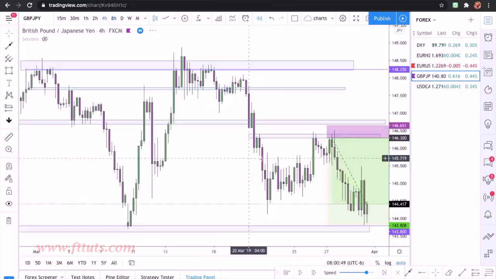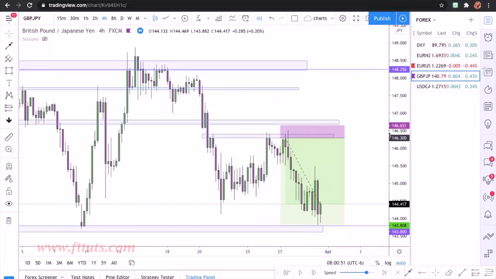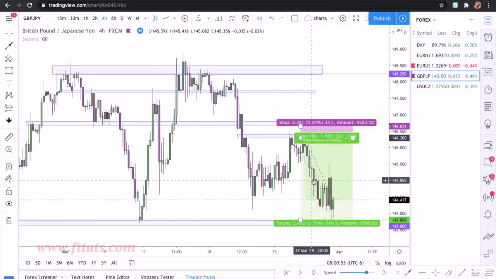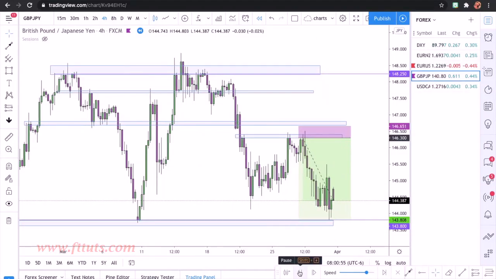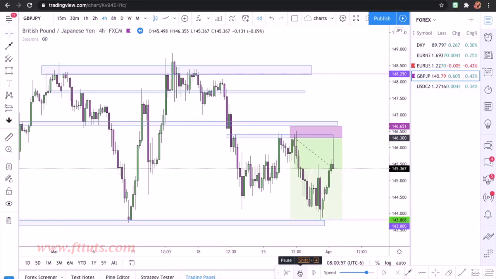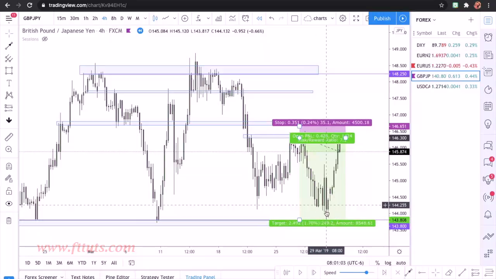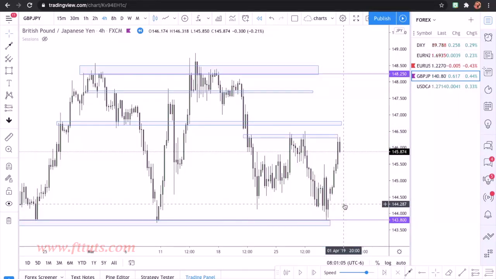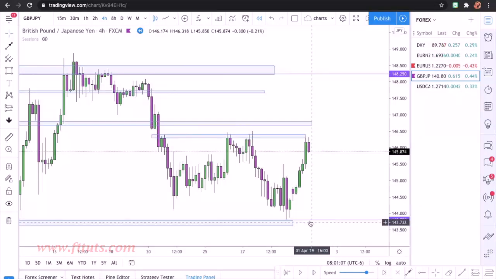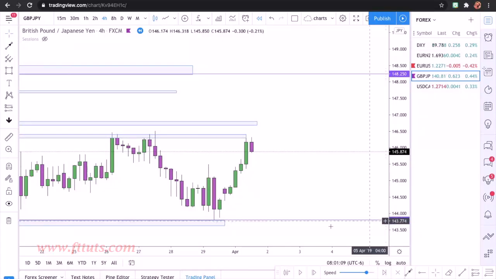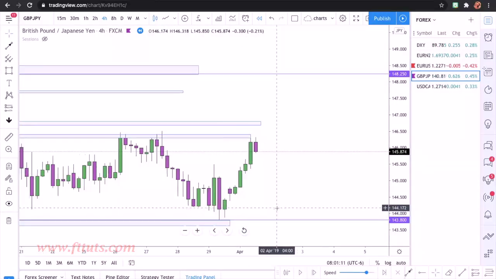Okay, so let's go to the 4-hour time frame. The market is going to correct itself now. So we have a correction all the way up to the 146.3. We got a rejection off this level, literally to the T at 143.8, and then it rejects.